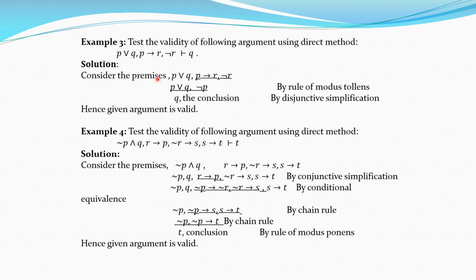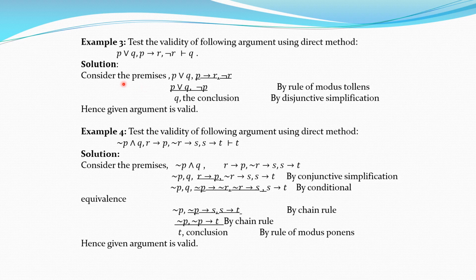So by the rule of modus tollens, we can replace these premises by negation P because it is the conclusion obtained from these two premises. So we got P or Q, negation P. Again, there is a rule that P or Q, negation P gives us Q, because P or Q means either P or Q will happen. At the same time, negation P means not P is there.